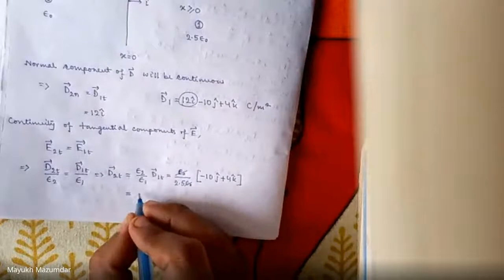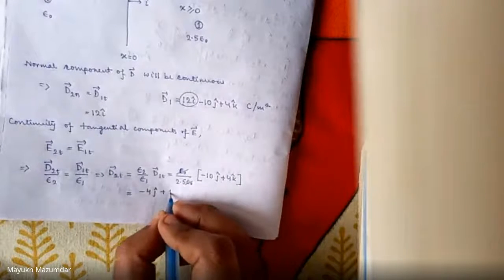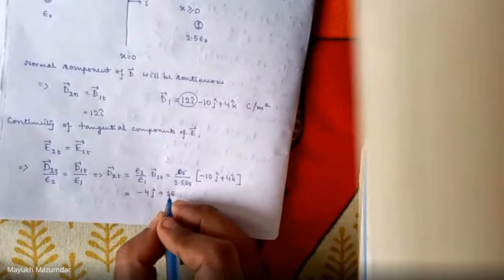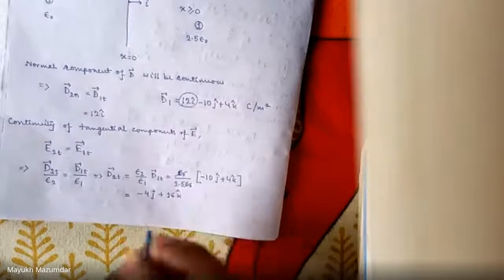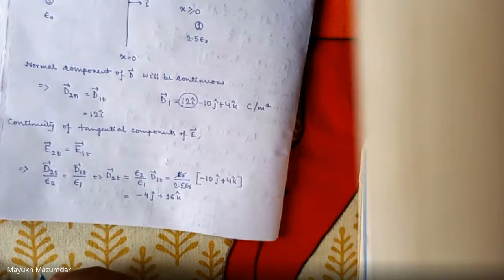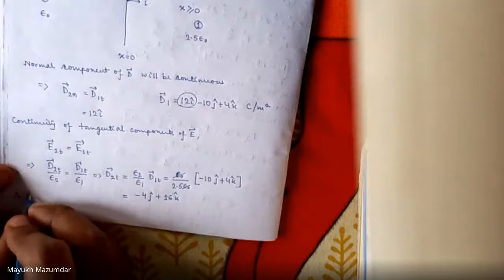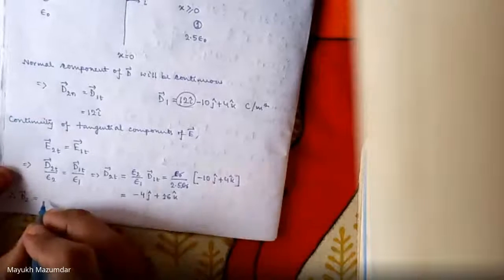So it would look like this. That is D2 tangential. So what is overall D2 vector? How will it look in the other medium?